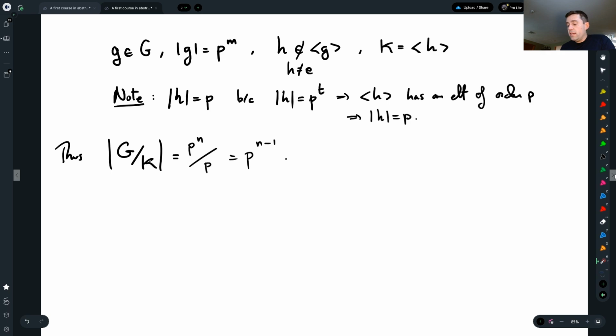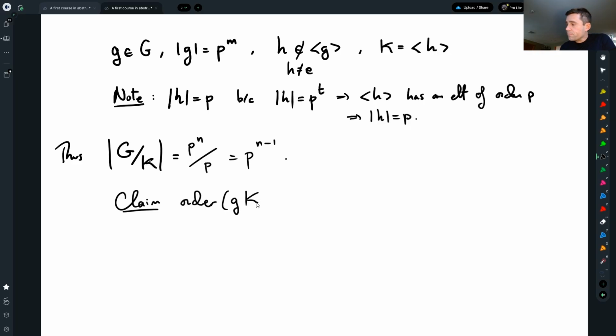So what I need is to find an element of maximal order in this quotient, and I'm going to claim that in fact the order of gK in G modulo K is the same as the order of g, which was P to the m, the maximal order in G. So the orders in G mod K cannot be bigger than the orders in G. So that is going to be the order, and that is the maximal order also in the quotient.